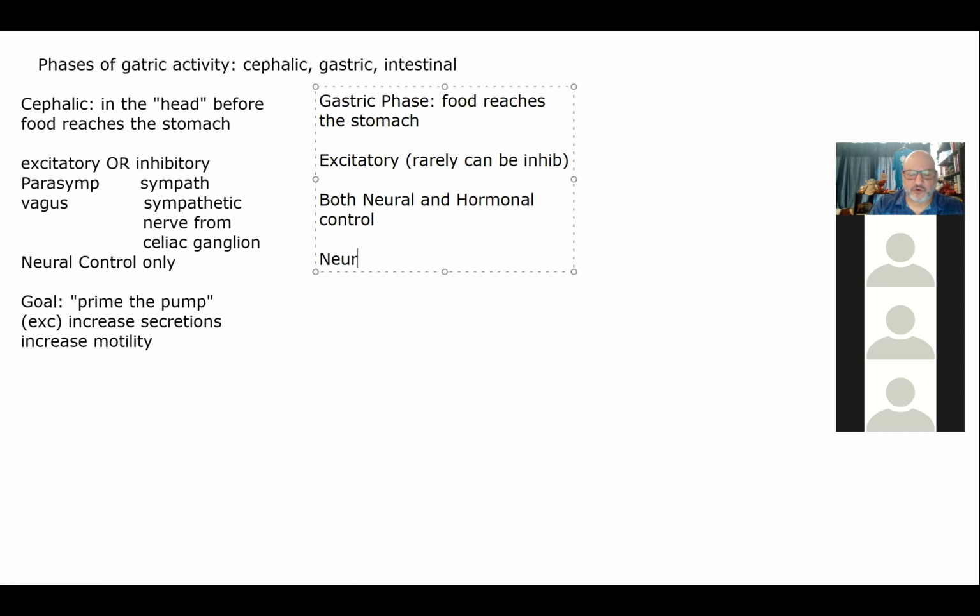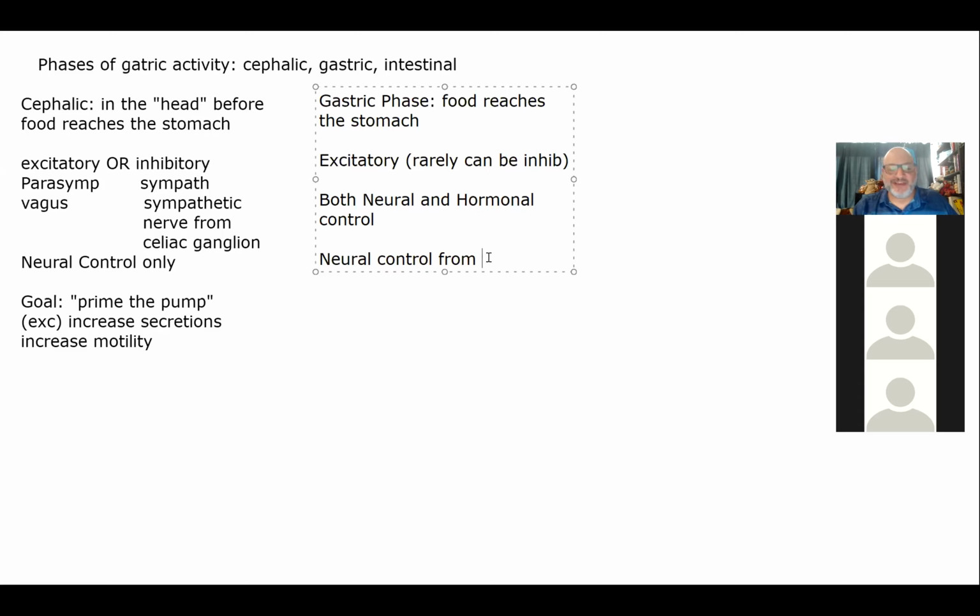For the neural control, where does that neural control primarily come from? Is it coming from the vagus nerve, from the parasympathetic nervous system? The sympathetic from the celiac ganglia would be the inhibition of the cephalic phase. So, okay, be careful.